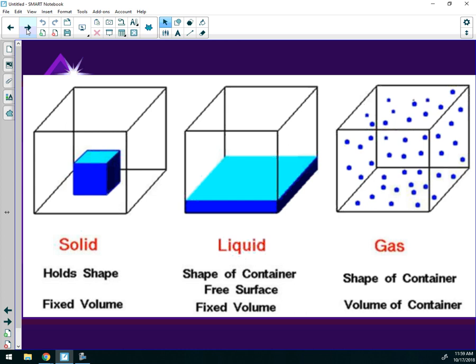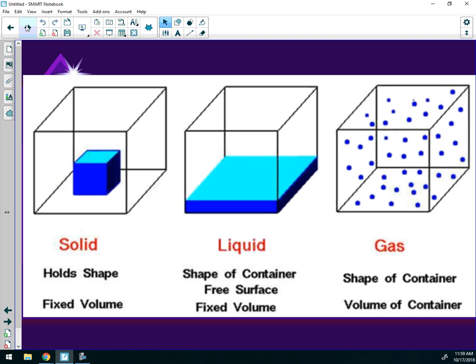So the volume doesn't change. If you have like 50 liters, you have 50 liters. But the shape of it will change depending on if you put it in a wide, flat bowl or if you put it in a skinny cylinder, because liquids will take the shape of whatever container that they're in.